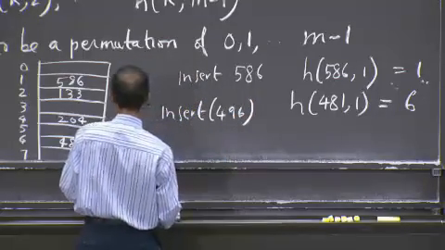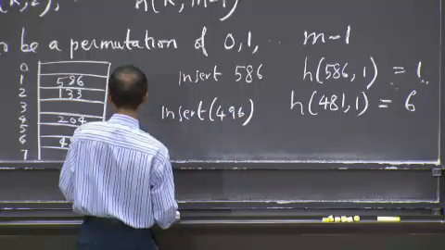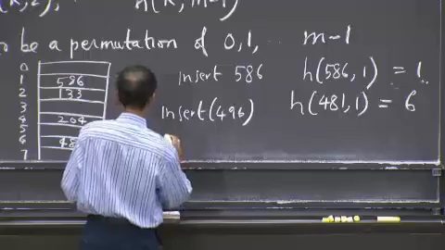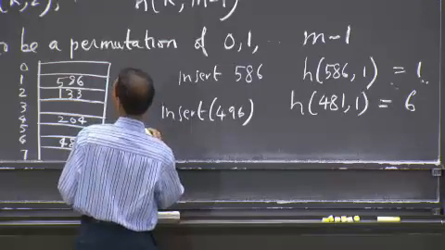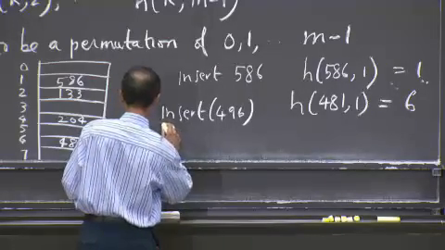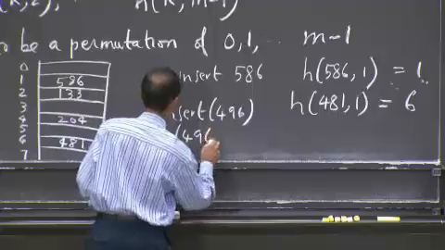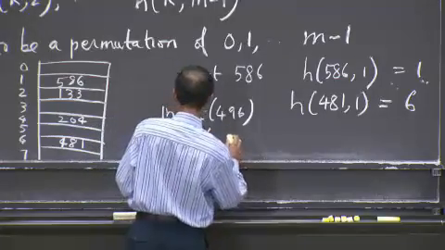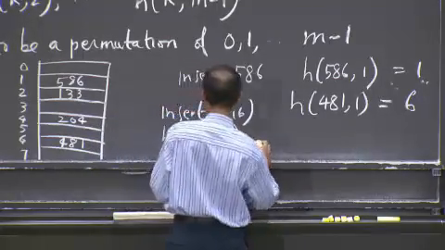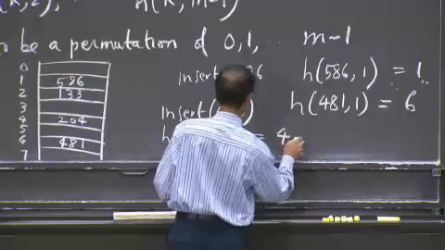When I try to insert 496, I have h 496 1, which happens to be 4.